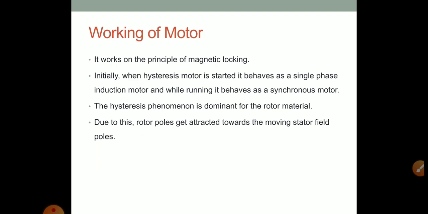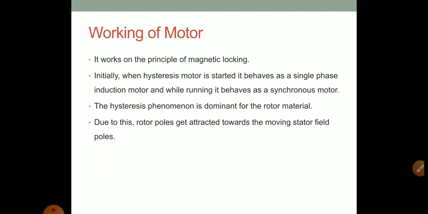This rotating magnetic field induces an EMF inside the rotor and hence induces poles in the rotor. The rotor material has a dominant hysteresis phenomenon and the rotor pole axis lags behind the axis of the rotating magnetic field. Due to this, rotor poles get attracted towards the moving stator poles.